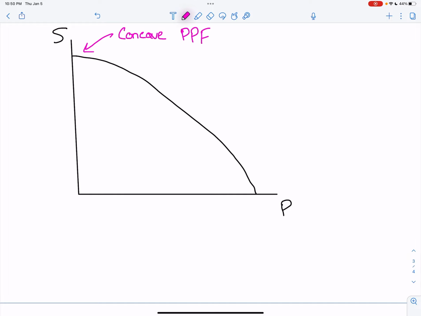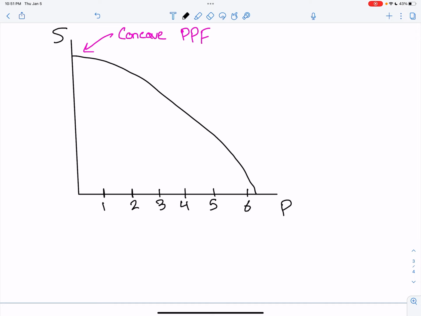Well, to see why that would be, let's divide our x-axis, our parks axis, into roughly equal slivers here. And let's say that each of these slivers represents one additional park.